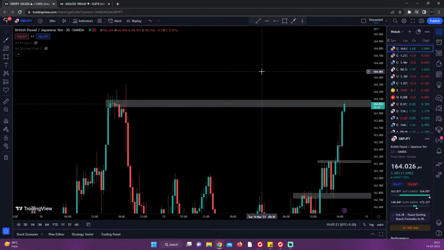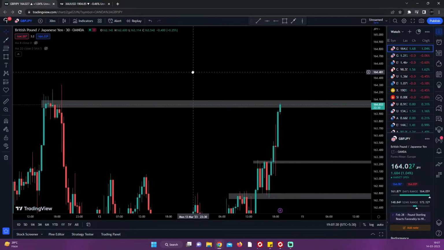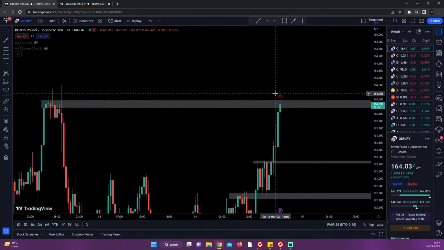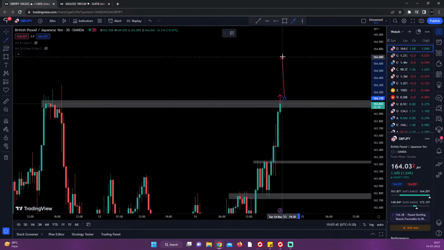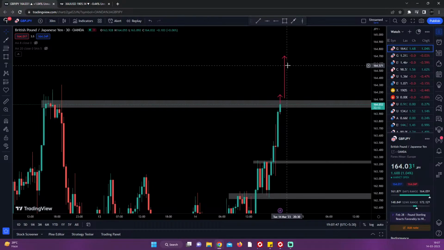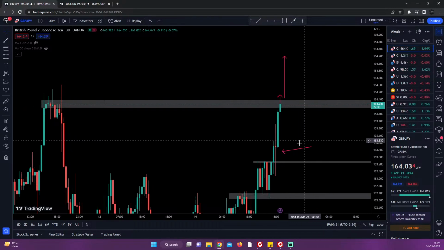Antonio is saying need strong close above. Yeah, that's right. Actually, we just don't need a strong close above, because let me just show you. If you get a strong close above like this, we cannot expect the next candle to go like this, right? It can, but the chances are less, because the move has already been done from here.